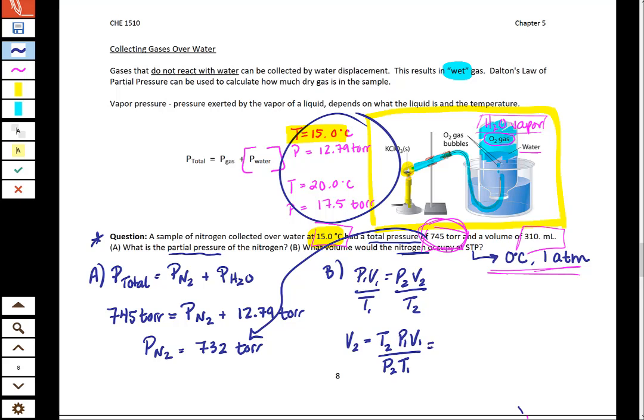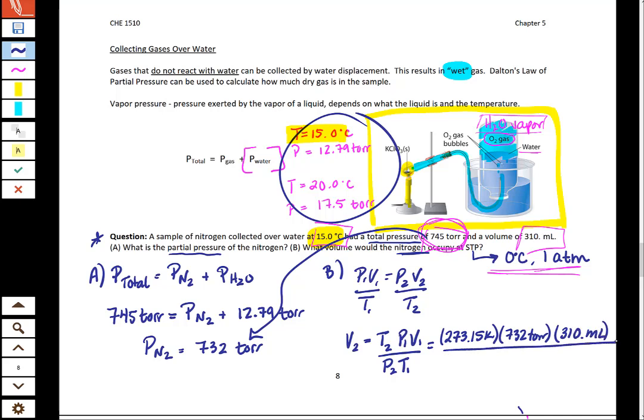So T2 is going to be your temperature at STP. Remember that 0 degrees Celsius is 273, and we can throw in the 0.15 if you want to, Kelvin. And then your P1 is your pressure of the nitrogen. So that's your 732 torr. Your V1 is going to be that 310 milliliters.